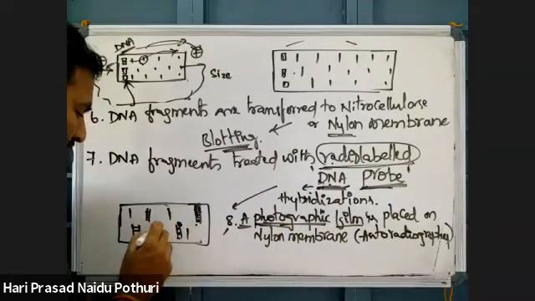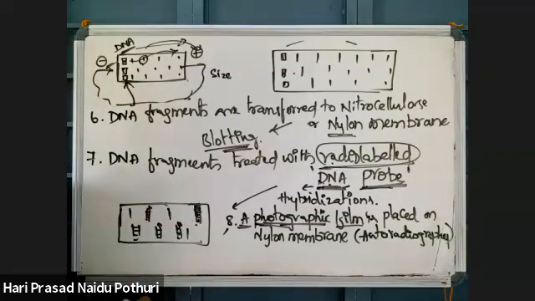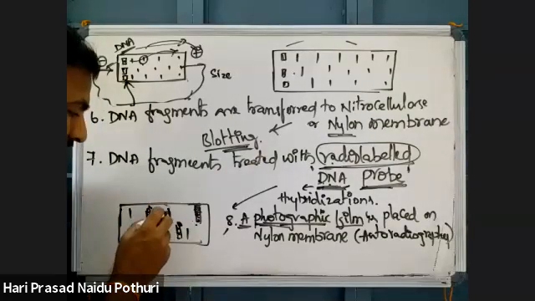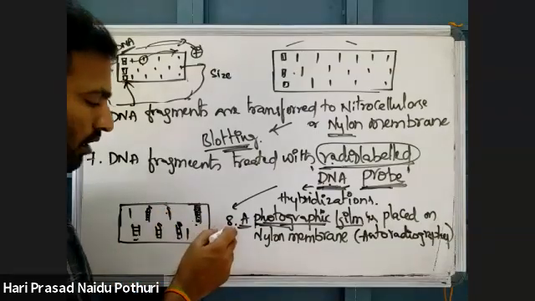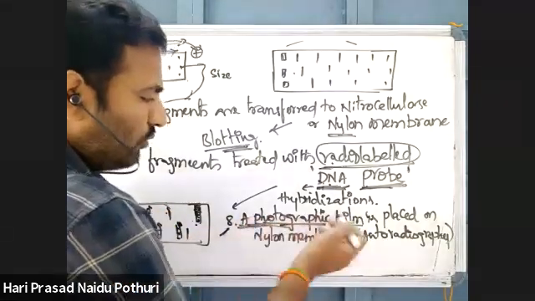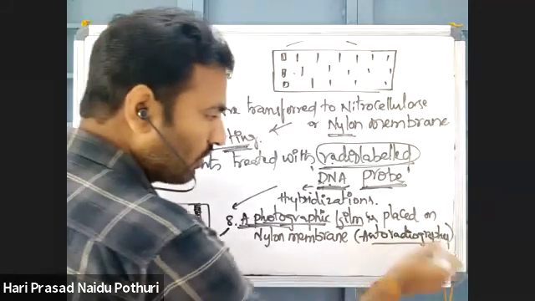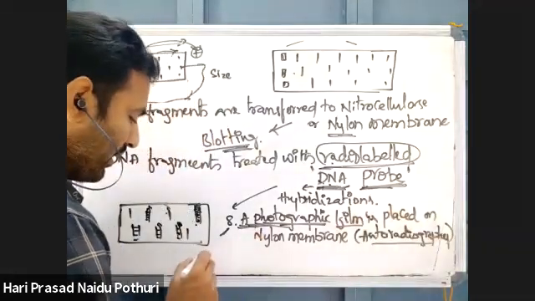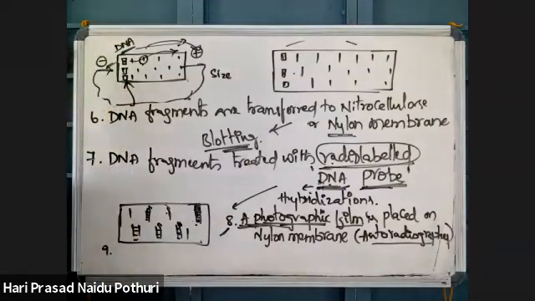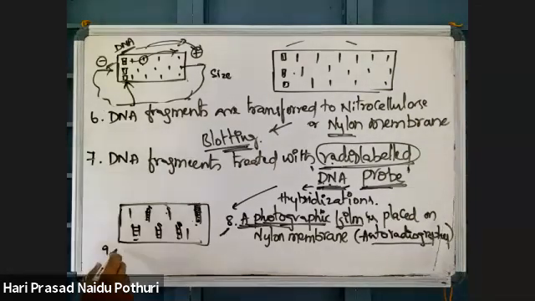This is probe, this is probe, this is probe. The probe has radioactivity, so now we subject it to photographic film. That is autoradiography. After autoradiography, what happens? Next step, we can observe radioactive labels producing thin and thick bands.